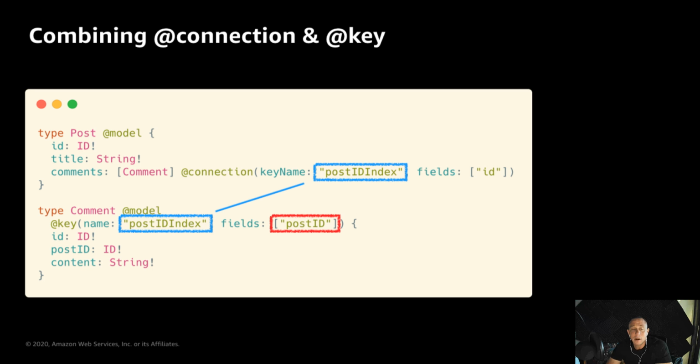So for the query of getting comments by post, we want to use the post ID that is stored in that comment table. So this is going to be mapped directly to the post ID in the comment. And then the ID for the post is just going to be coming in from the post itself. And we need to specify which field that is. So we're just going to say, well, it's the post ID. So it's the post ID in the parent, and it's the post ID in the relationship in the child.